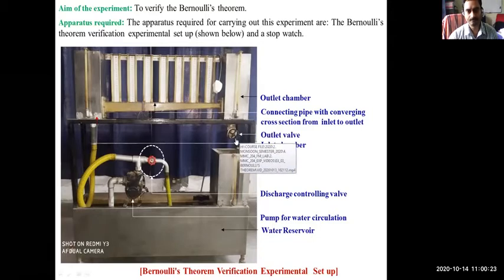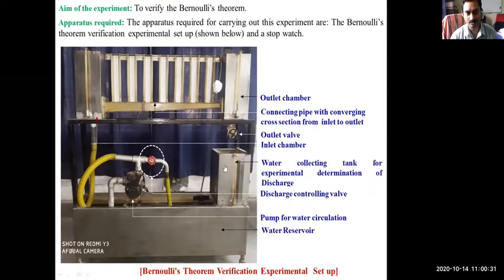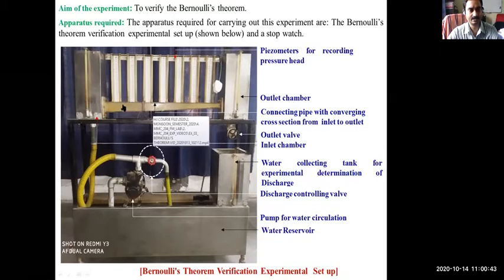This is being used to discharge water from the outlet valve, and this water is being collected in this collecting tank. This is the water collecting tank, which is being used for experimental determination of the discharge. I'll explain to you how. And you could see a number of piezometers attached at various points over this converging pipe.